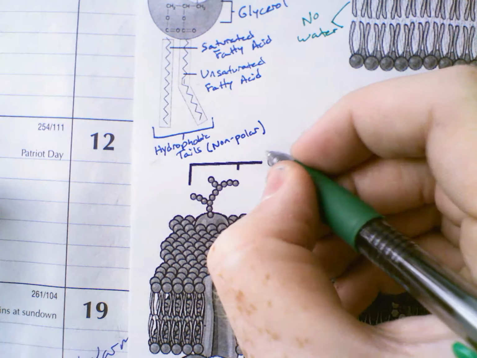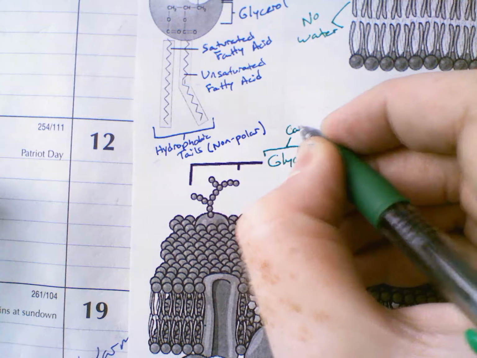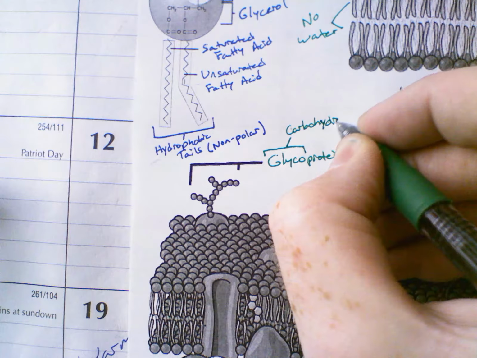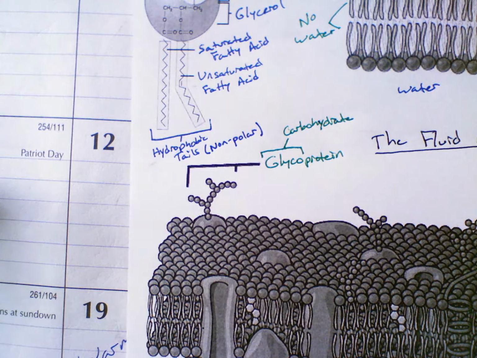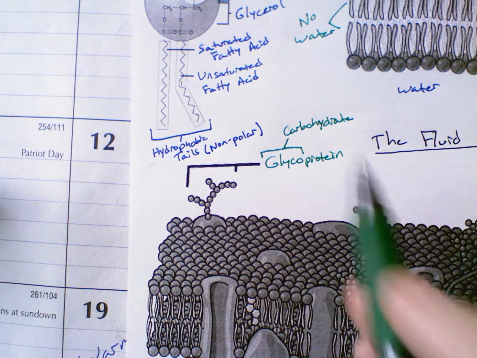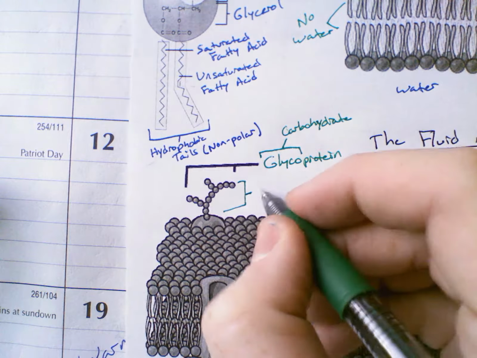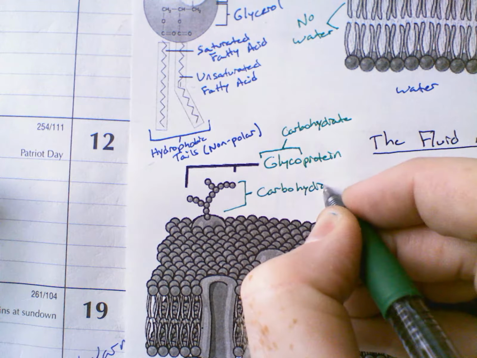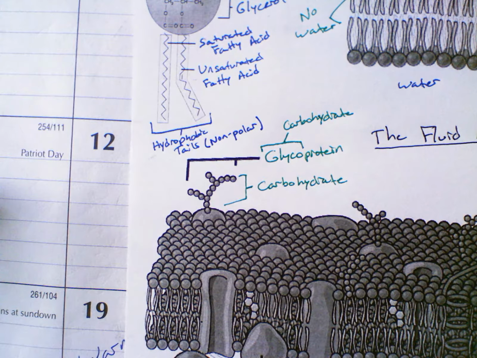Anytime that you see the prefix glyco, you know that there's going to be a carbohydrate involved. Glycoproteins are a transmembrane protein with a carbohydrate on it. So this right here is going to be a carbohydrate. It's normally an oligosaccharide, and these are in charge of cell signaling.